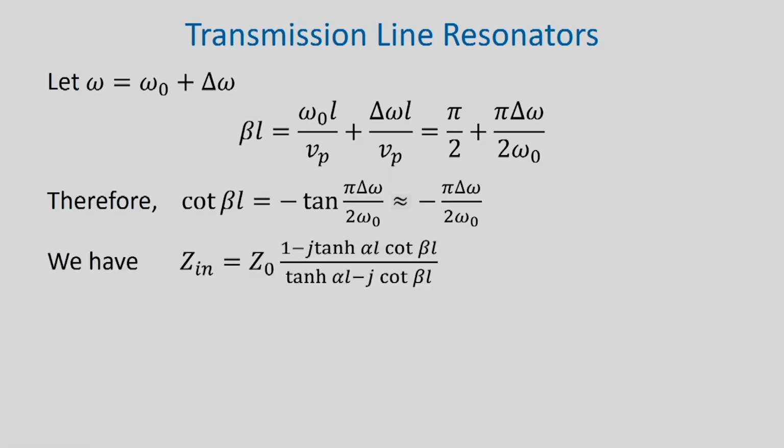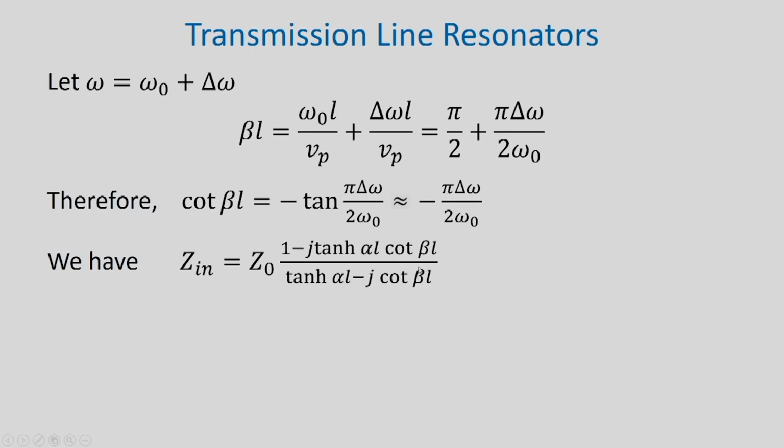And then we already have the expression for Z in. We can now make appropriate substitutions. tanh alpha L can be substituted by alpha L, and for cot beta L we can make the substitution minus pi delta omega by 2 omega naught.